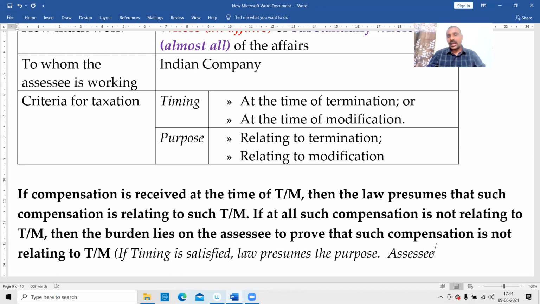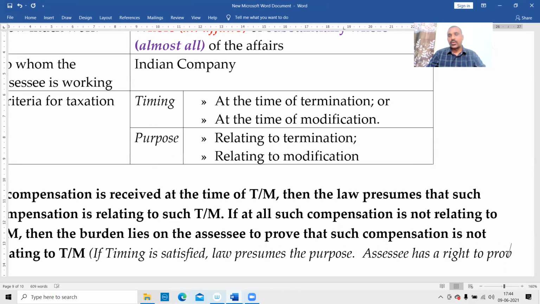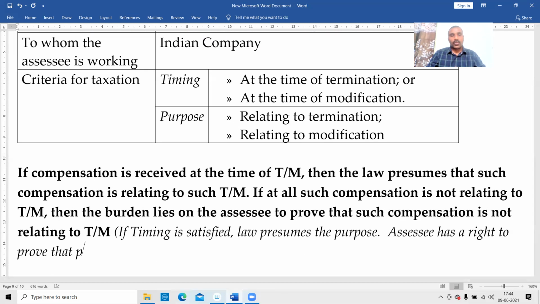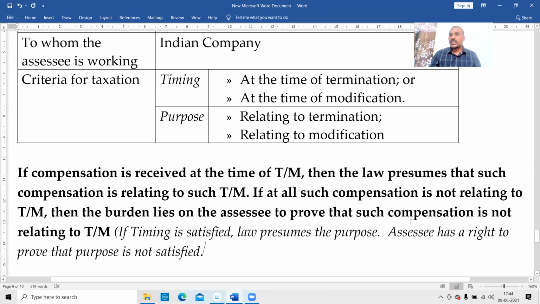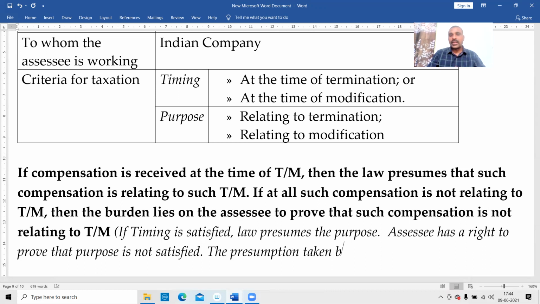Assessee has a right to prove that purpose is not satisfied. That means this presumption, the presumption taken by the law, is a rebuttable presumption.